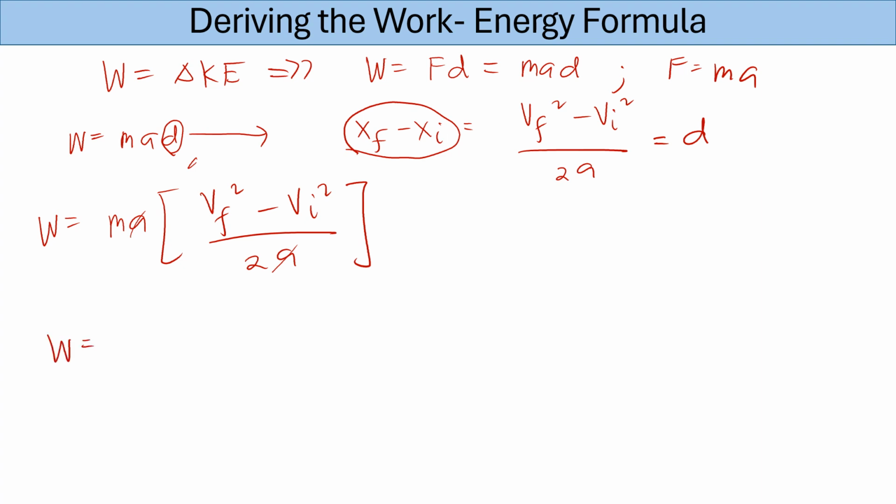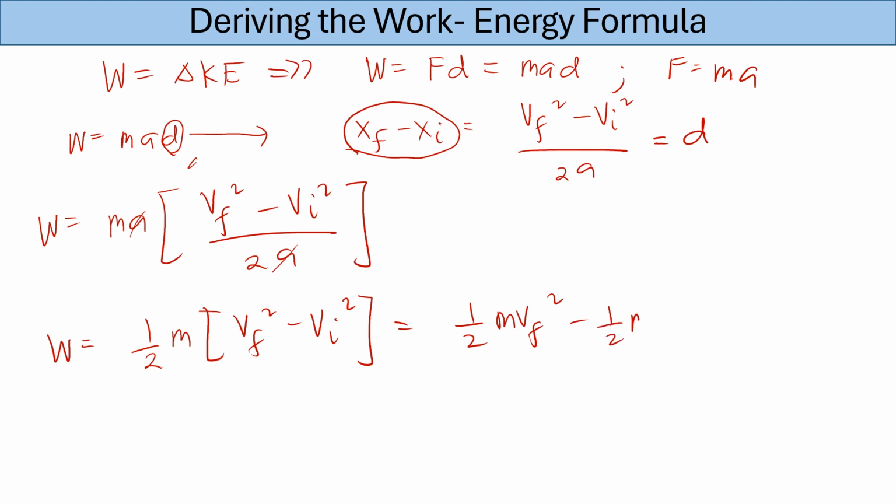Finally we have 1/2 m times vf squared minus vi squared, and you will have 1/2 m vf squared minus 1/2 m vi squared. So this is just KE final minus KE initial, or simply the change in the kinetic energy.